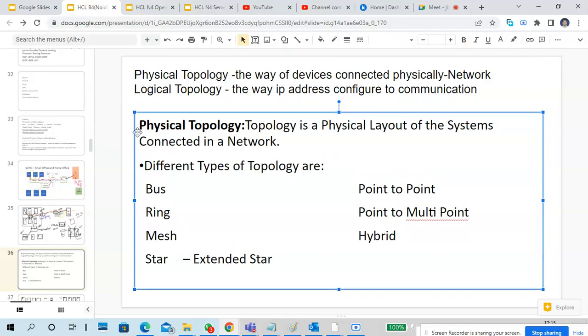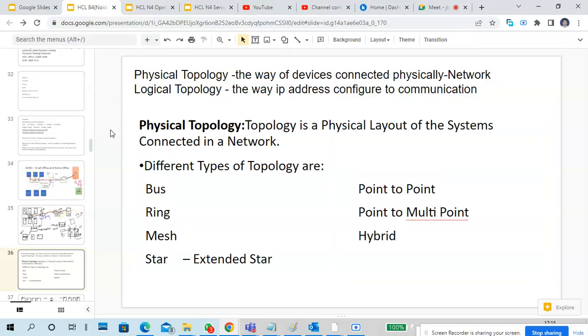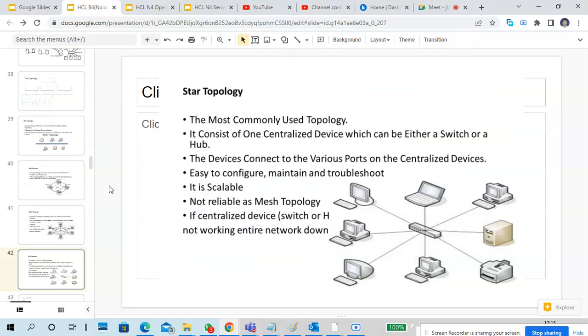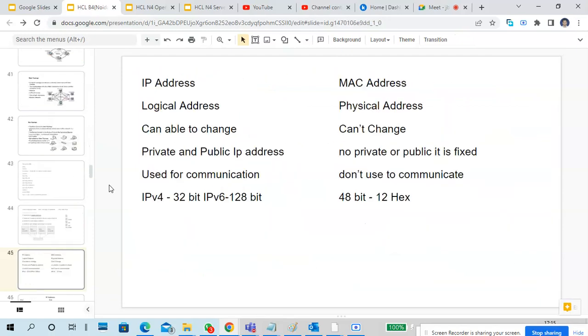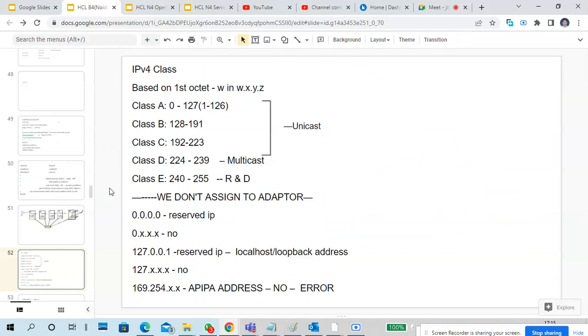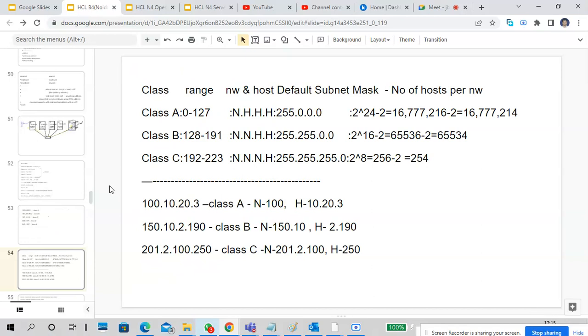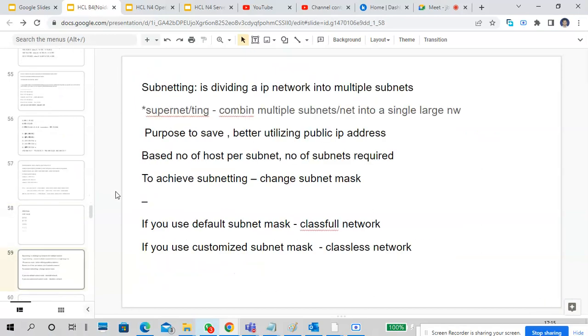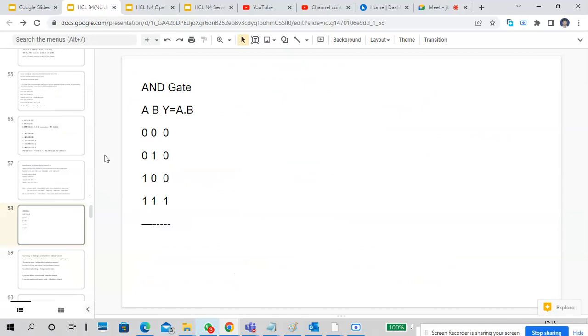Next part, I'm jumping directly to the topologies. Because we'll put a little more time on IP addresses and OSI layer explanation. And of course, if anything is left from a part, we'll try that also.